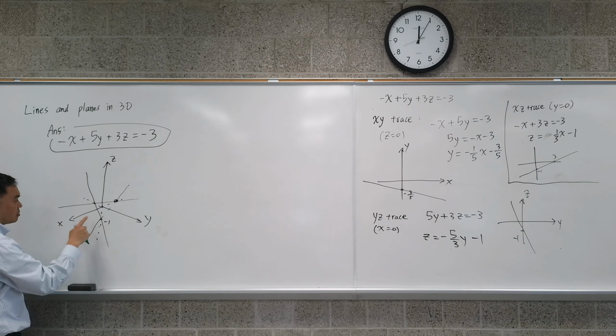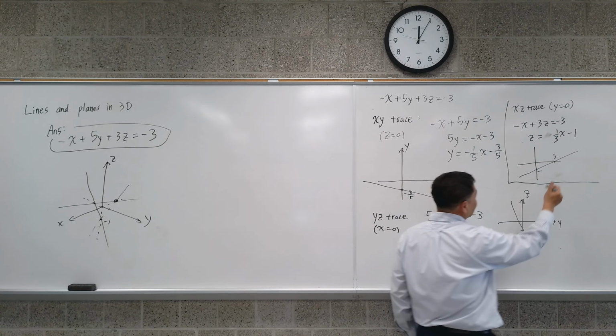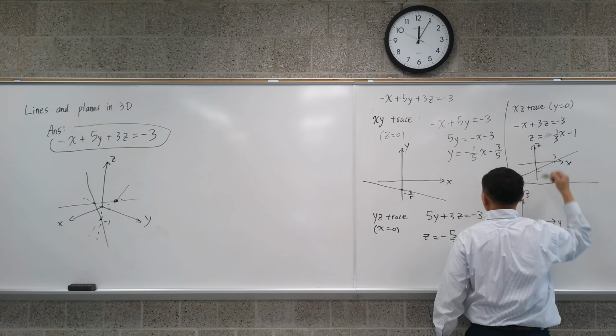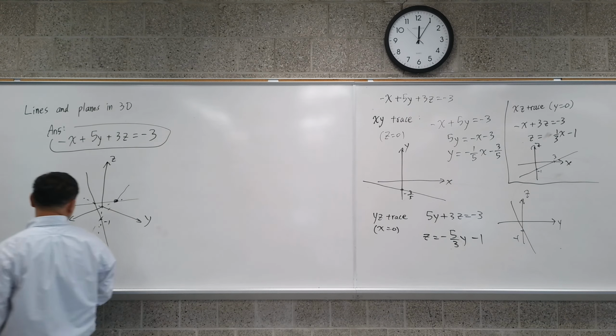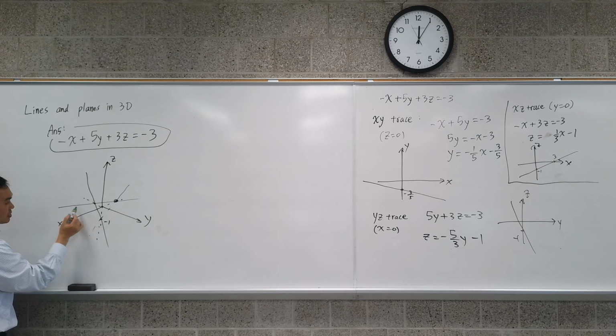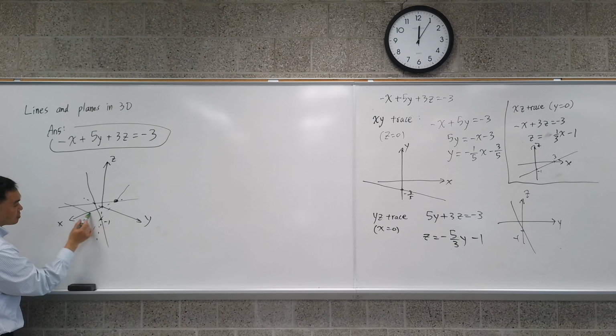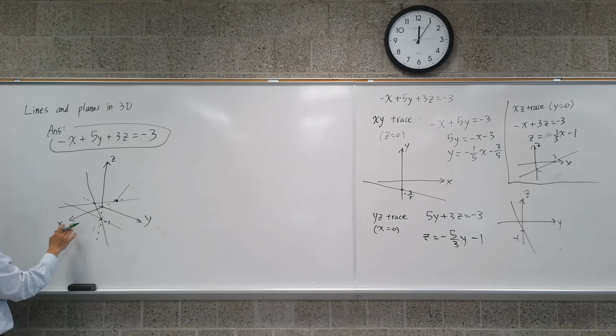The problem is here, x is on the right side, but here the x is on the left side, right? So unfortunately, it's something like this. Yeah, so it's some kind of a plane that's passing through these points.